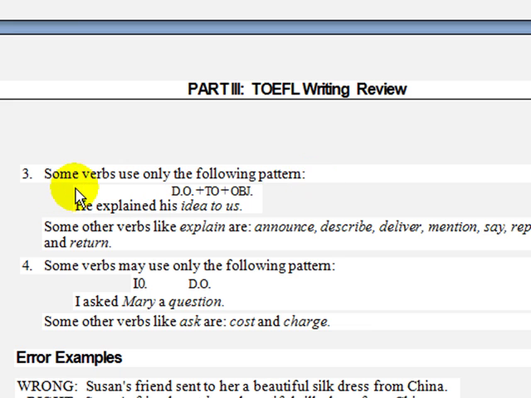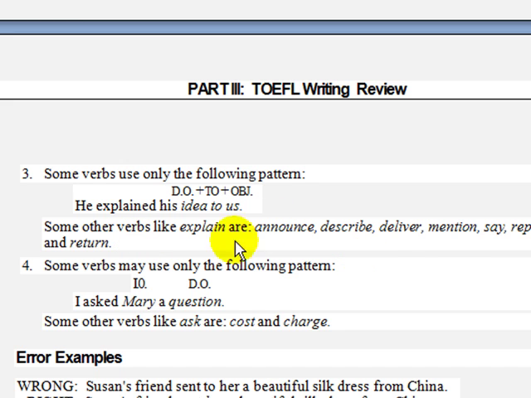So here we have number 3. Some verbs use only the following pattern: direct object, to plus object. "He explains his idea to us."